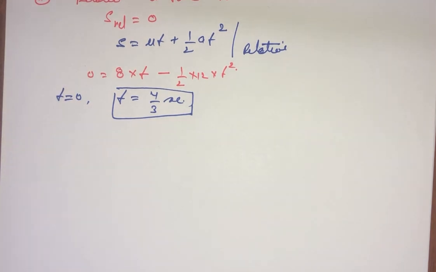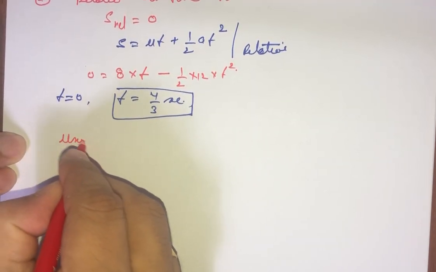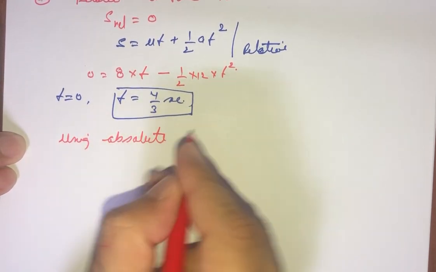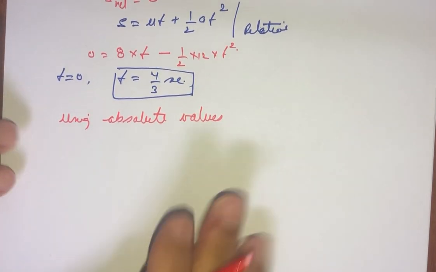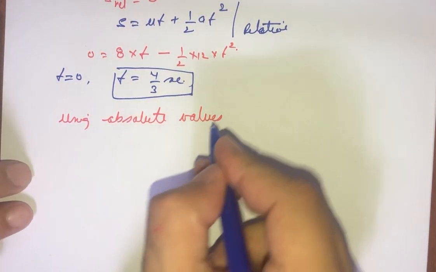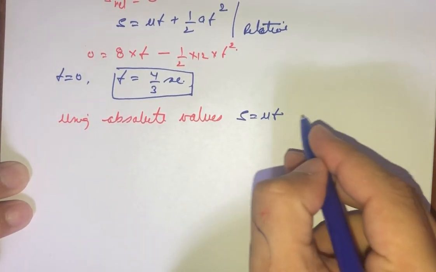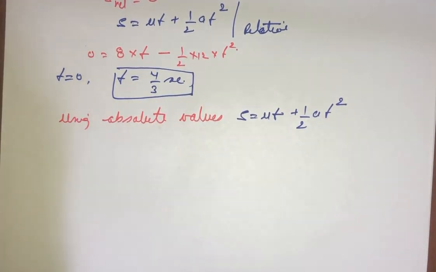Next, we are going to take the absolute values for everything. We find out using absolute values, and the formula that will be used is the same, S is equal to ut plus half at square.